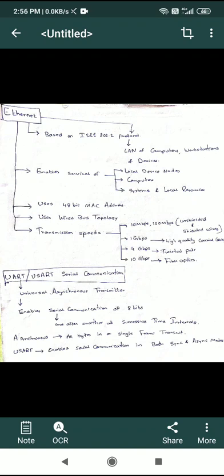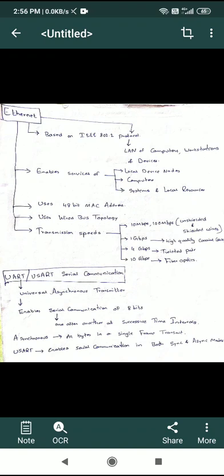The next one is UART or USART serial communication. UART means universal asynchronous transmission, and USART means universal synchronous asynchronous transmission.